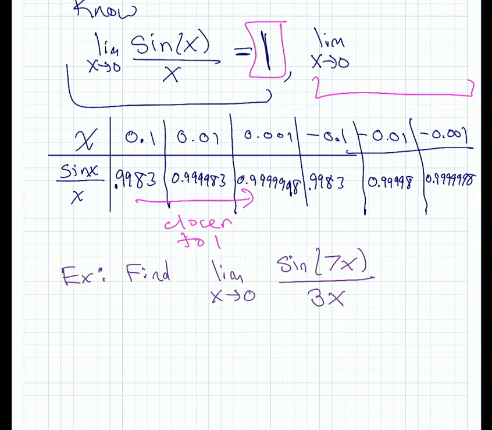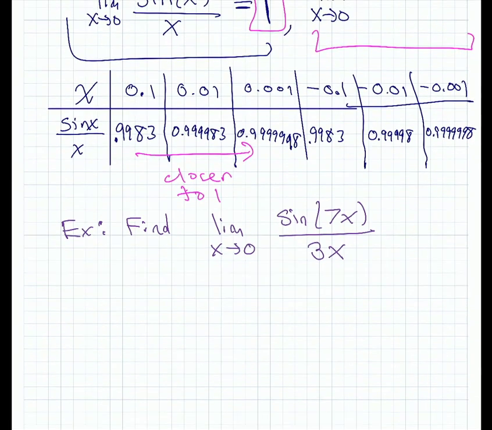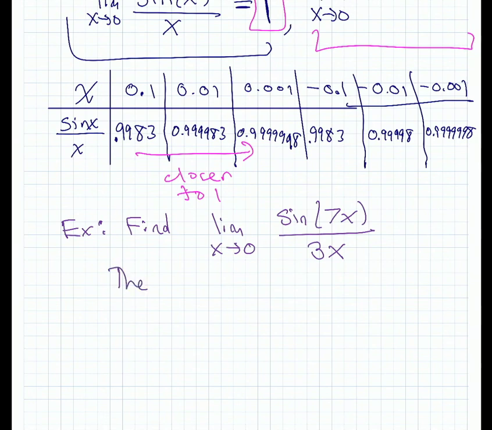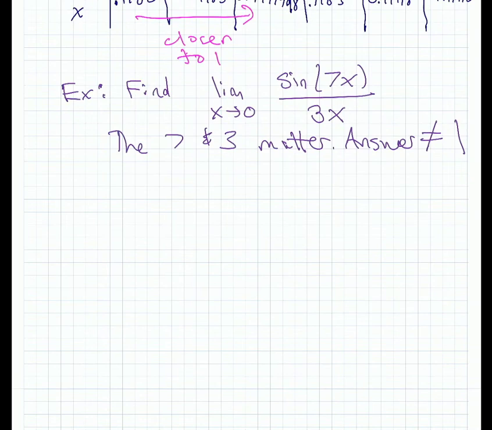The 7 and the 3 actually have an effect. They matter here, so you can't just say it's 1. So you've got to do a little bit of algebra. How you do the algebra is up to you. There are shortcuts which you may be tempted to employ.